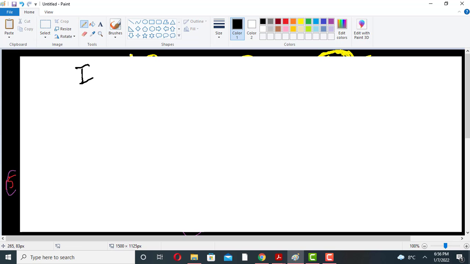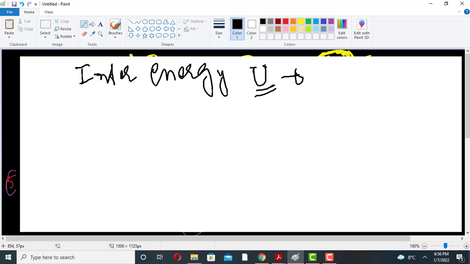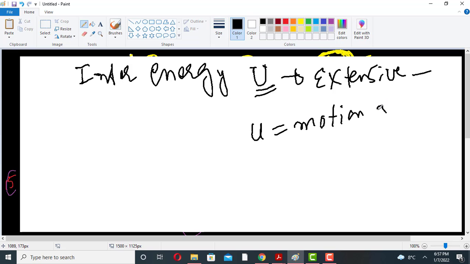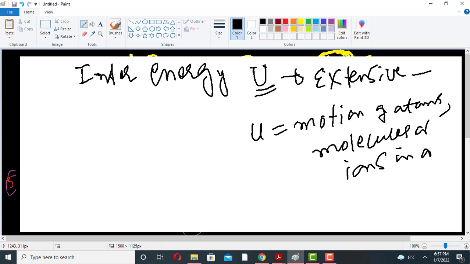Internal energy is denoted by U, and it is an extensive property of a system. The internal energy shows the motion of molecules, atoms, or ions in a system.